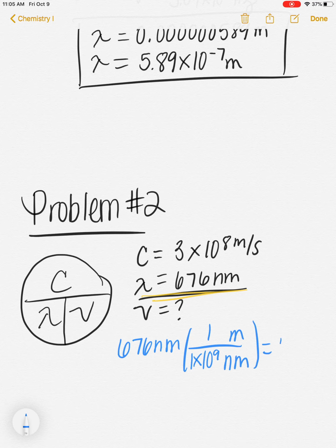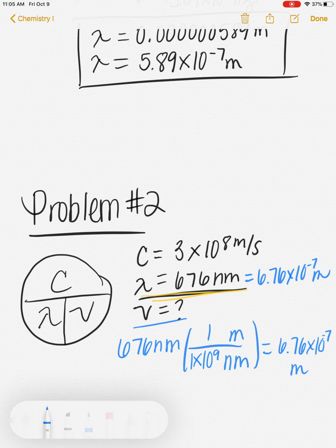So you take 676 divided by 1 times 10 to the 9th, and you should get 6.76 times 10 to the -7th meters. So I'm going to go up here, I'm going to write that 6.76 times 10 to the -7th meters.